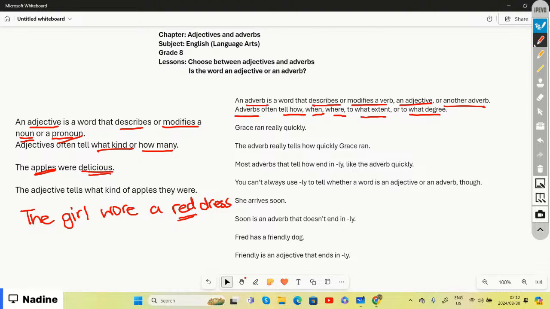And if we were to identify our adverb within that sentence, then the question would be, how quickly did Grace run?